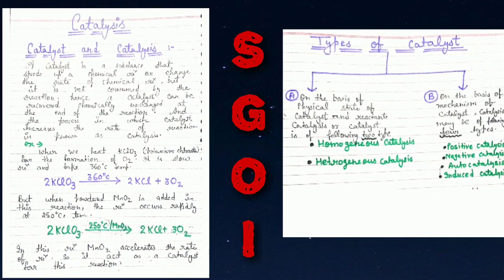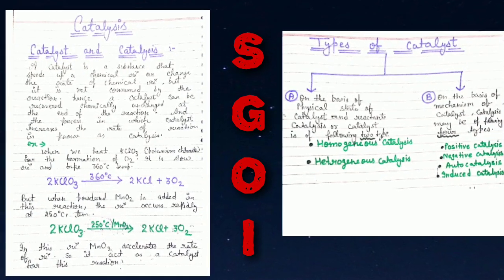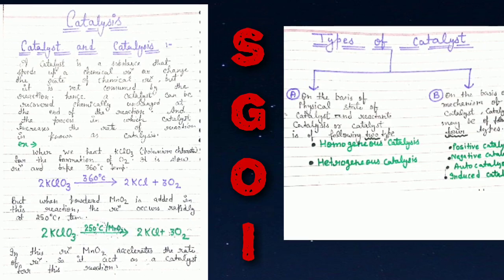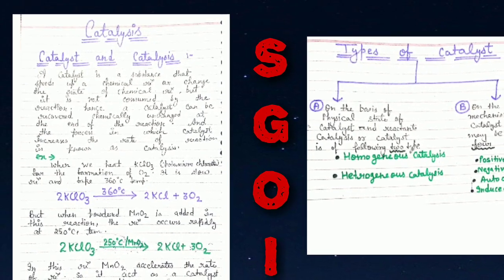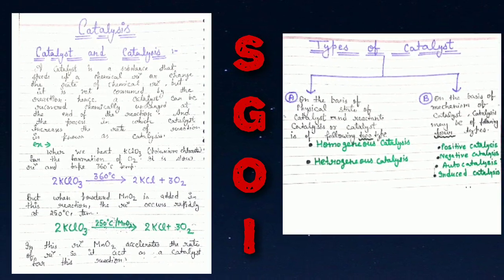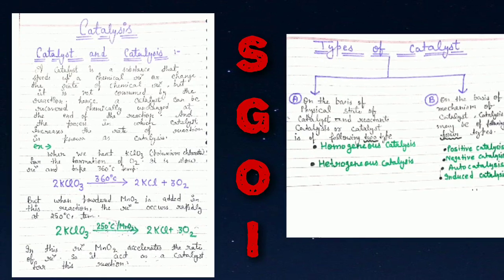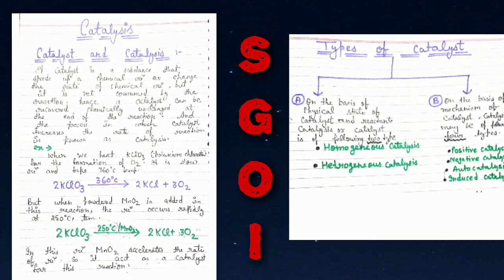See the difference in temperature. In the absence of MnO2, decomposition occurs at 360 degrees Celsius, and in the presence of MnO2, KClO3 gives O2 at 250 degrees Celsius.